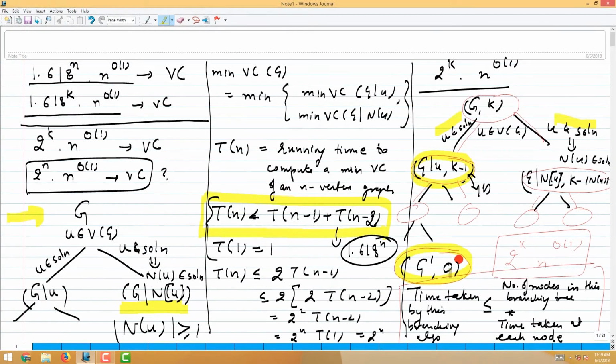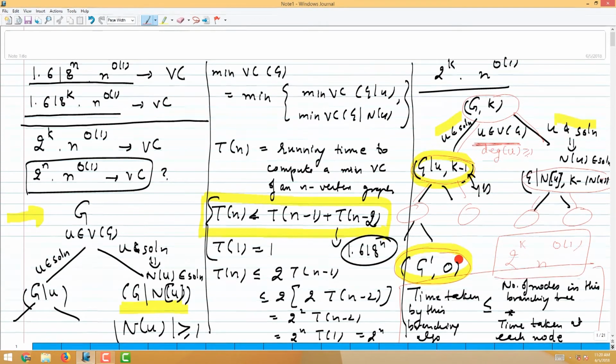But note that suppose every time I was finding a vertex of degree at least 1 and branching on it. Instead of finding a vertex of degree at least 1, I find a vertex of degree at least 2 and branch on it. Then what happens?